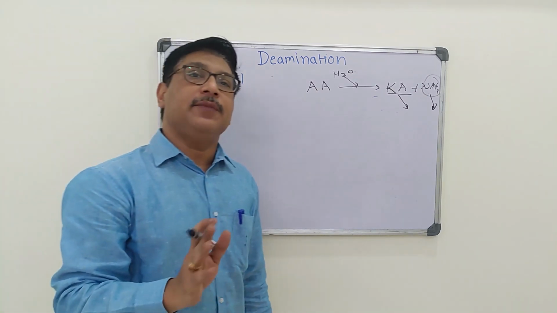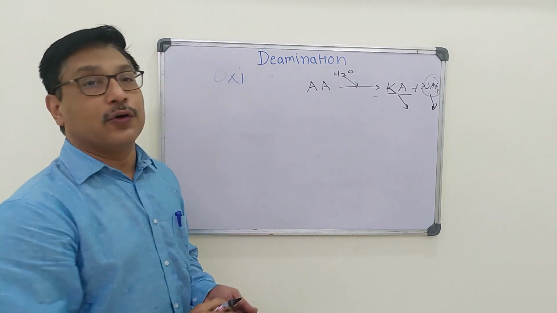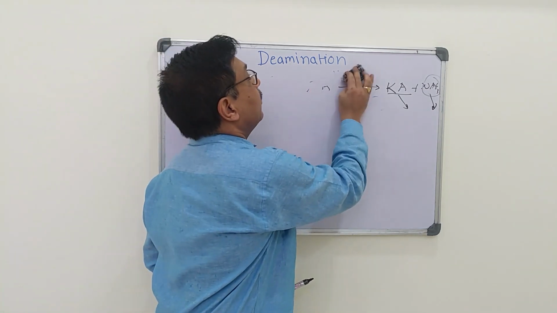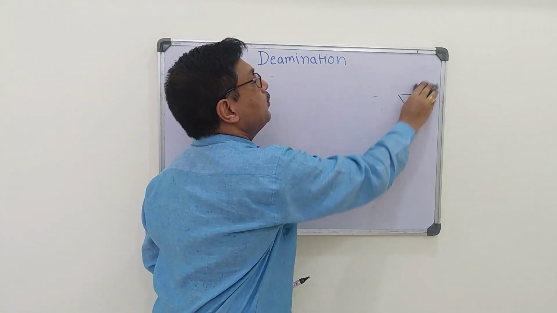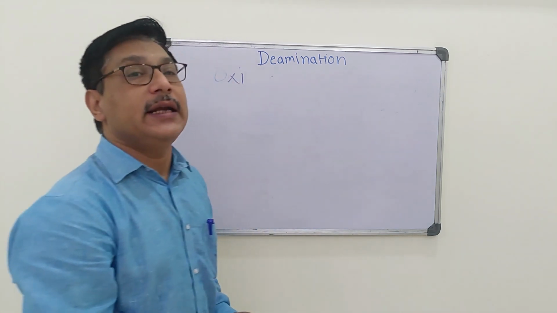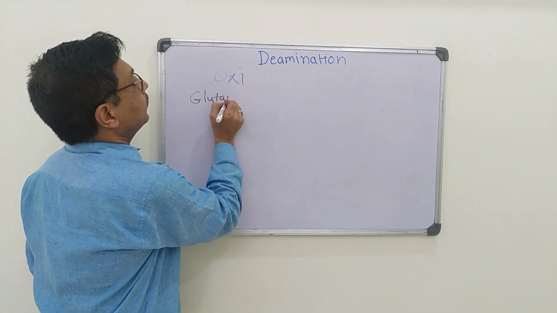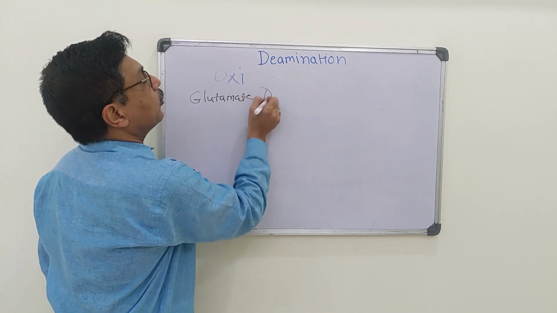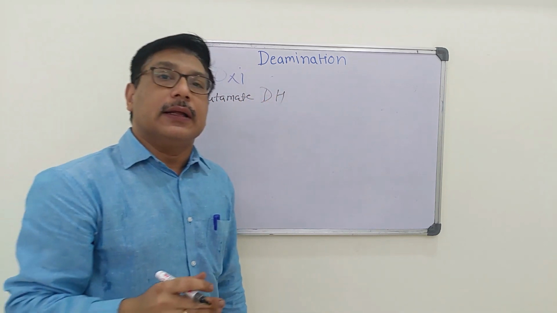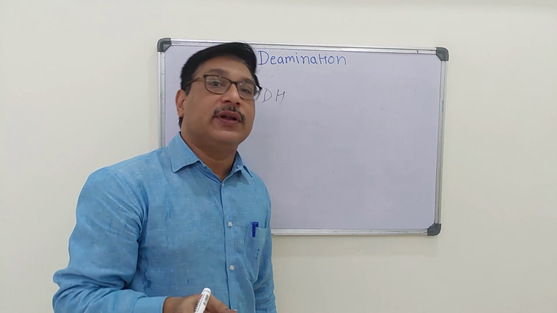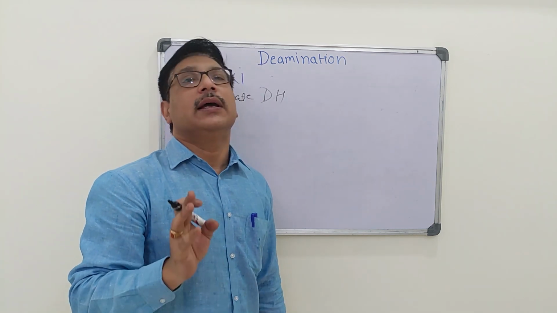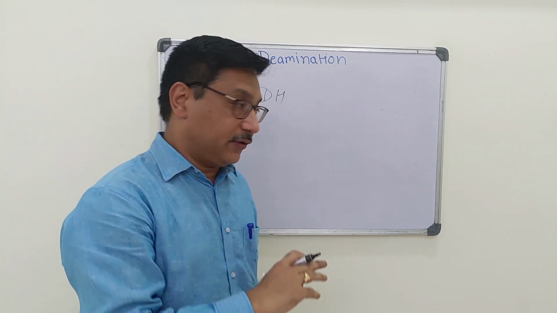There are three enzymes which carry out this oxidative deamination. And what are they? The most important is glutamate dehydrogenase. Second enzyme is L-amino acid oxidase, and third enzyme is D-amino acid oxidase.